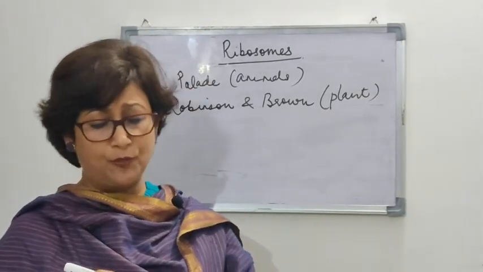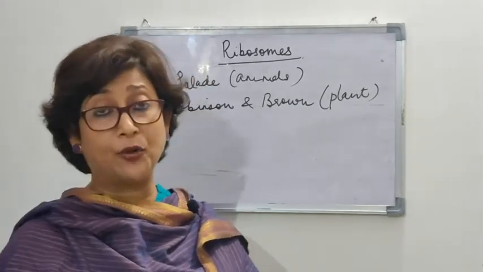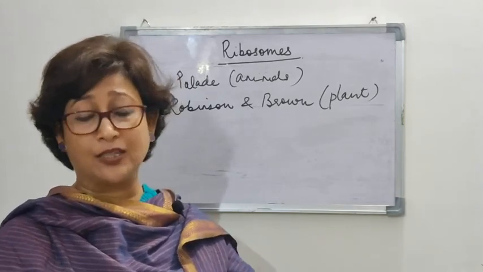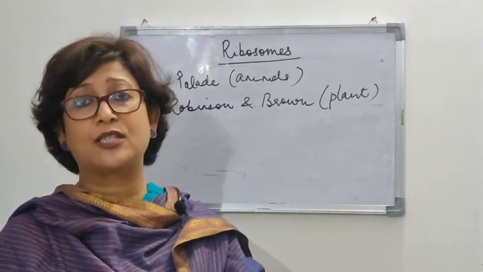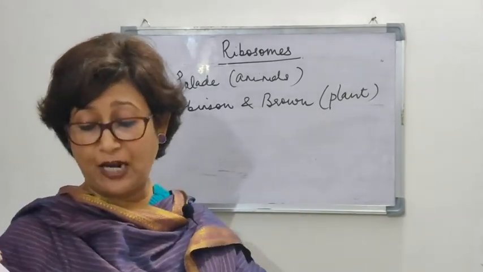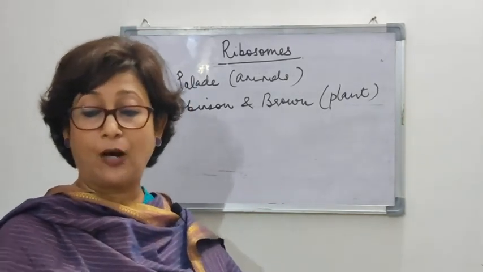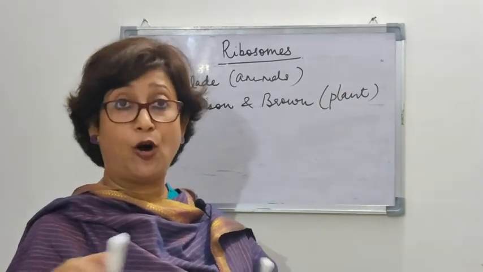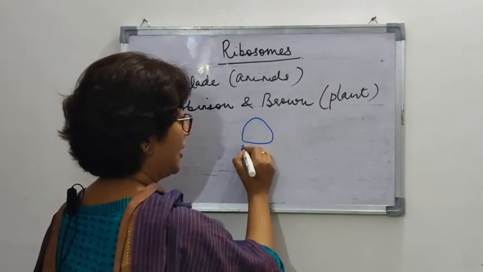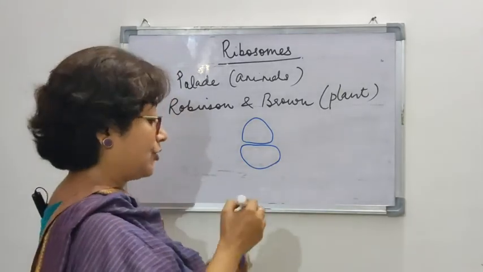So a large number of ribosomes occur in the cell, right? They are also known as the protein factories because they carry out the synthesis of proteins, right? They are subspherical in outline, not a complete sphere. A covering membrane is absent. That is why we say that it is not a membrane bound organelle. Now if we draw the ribosome, we draw it as one part and another part, right?